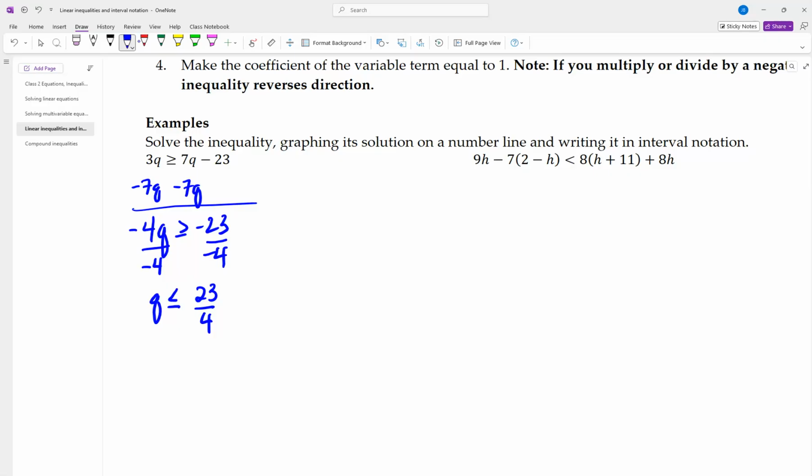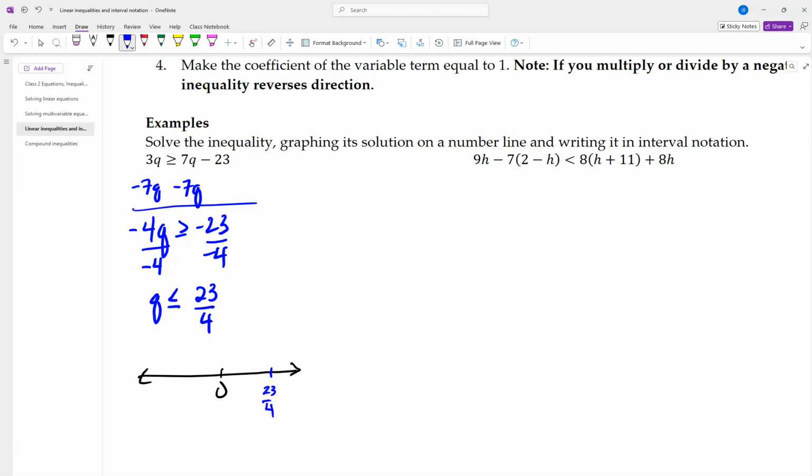And so putting this on a number line, again, maybe you need the number line, maybe you don't, but it does say, graph its solution on a number line, so we're going to follow the directions. And here is 23 over 4, it's about 6.